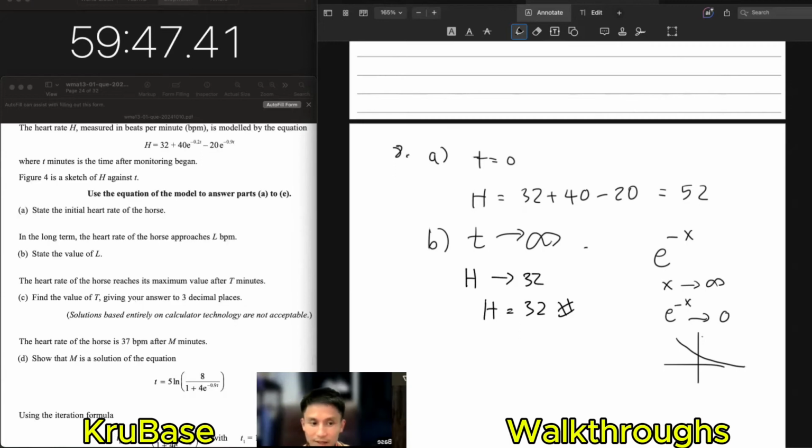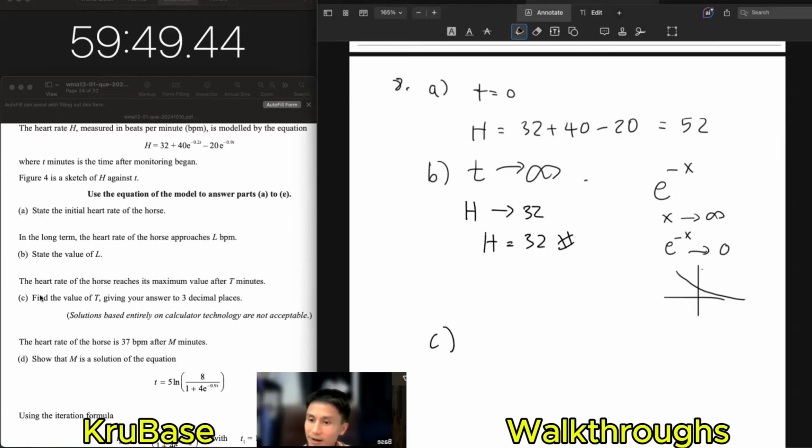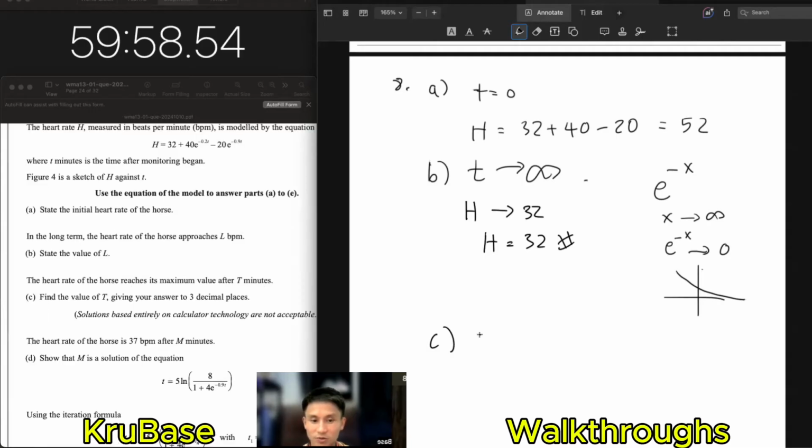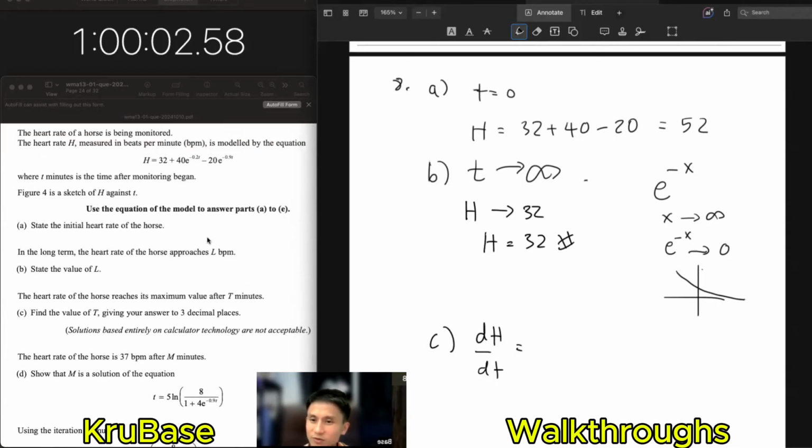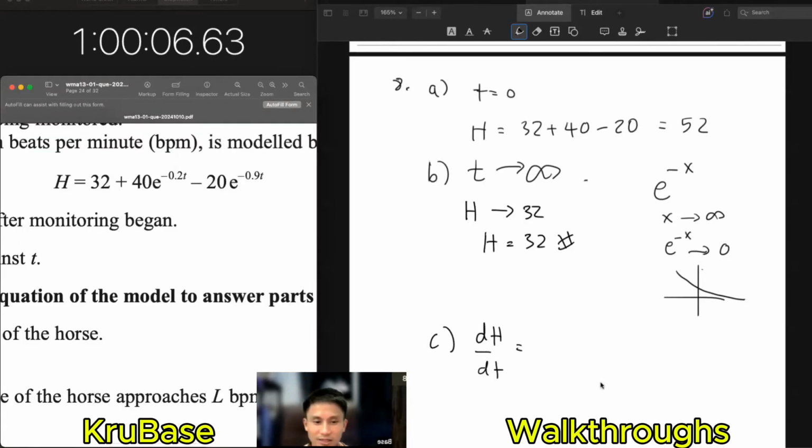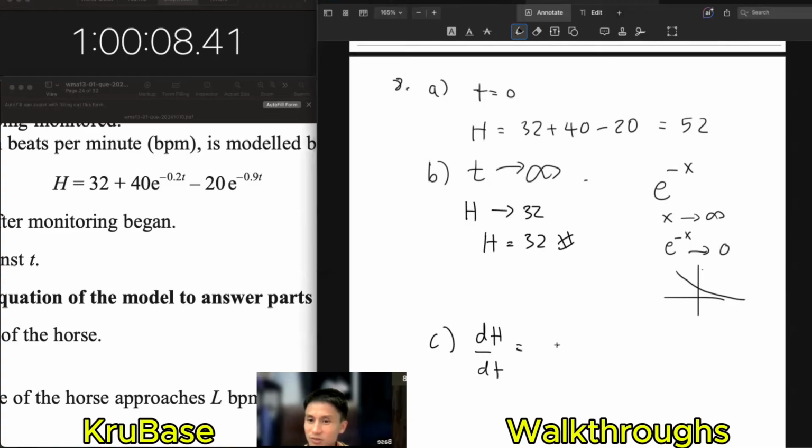Okay. So C, the heart rate of the horse reaches its maximum value after t minutes. Find the value of t, give your answer to 3 decimal places, 5 marks. So we need to find the derivative first. Derivative dh by dt, we have to differentiate all of those. Differentiating 32 goes to 0.